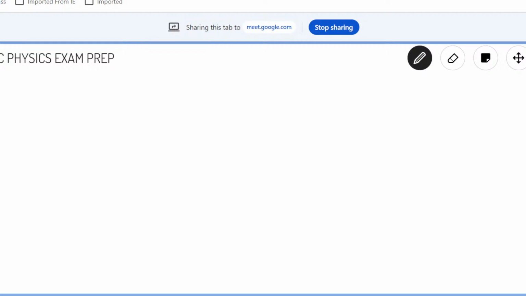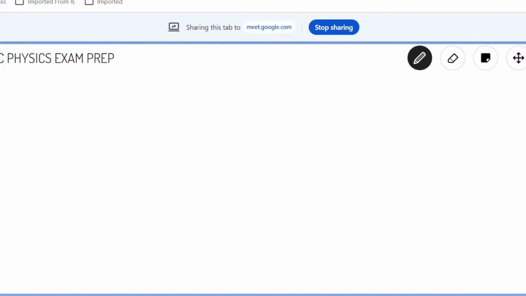So in terms of physics, there are certain things that have a bigger focus. There are certain things that overlap. The first thing in physics, as your teachers probably stress, is the graphing aspect.